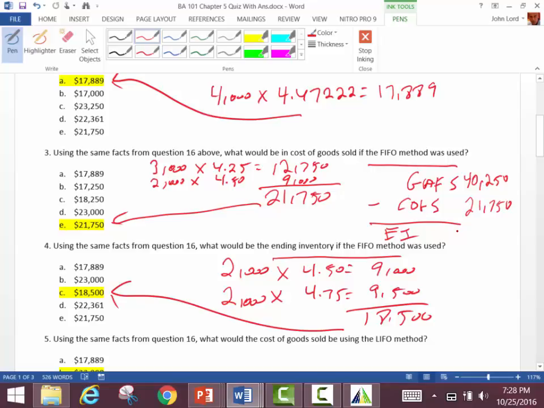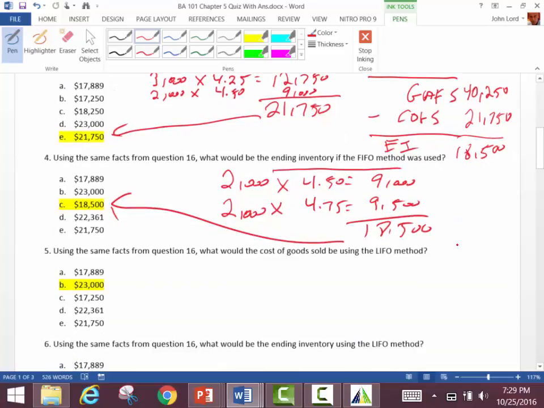Gives me 18,500, you're saying? Okay. That'll work too. What I had available minus what I have left means I must have sold the rest, right? Okay, good.